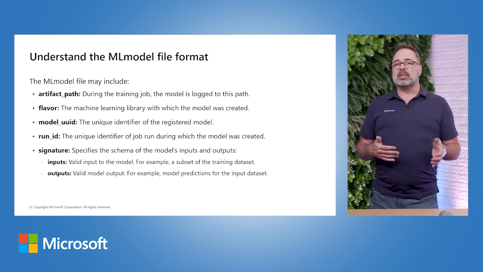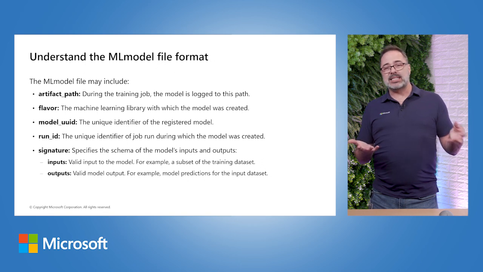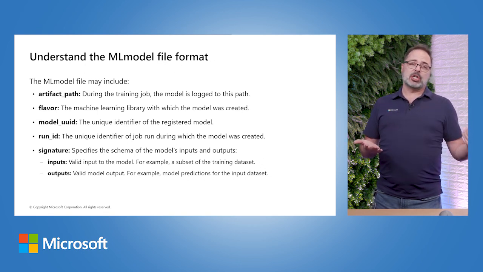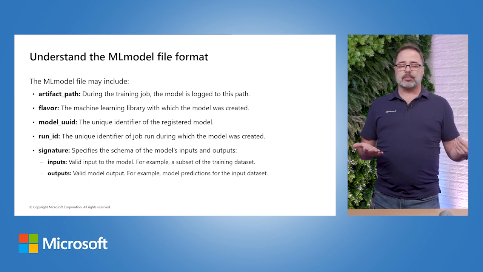Again, the inputs being the schema of the data that needs to be passed into the model when we want to generate a prediction, and the outputs being the predictions that are being returned.